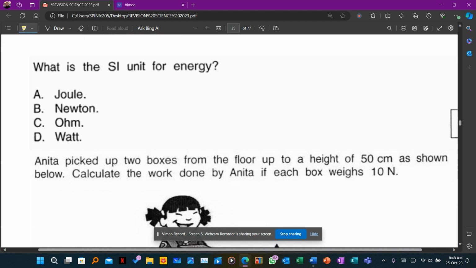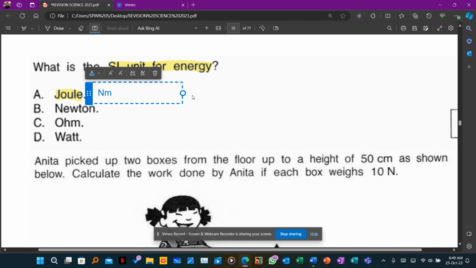Next one, what is the SI unit of energy? So there are several SI units here for our revision. So the unit for energy is joule. If we don't use that unit, it can also be Newton meter, Nm.